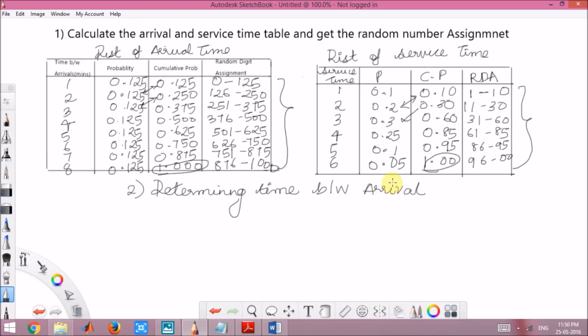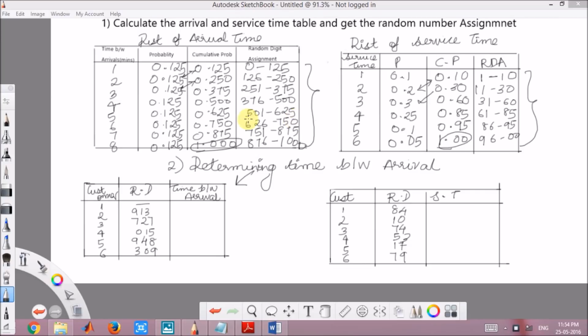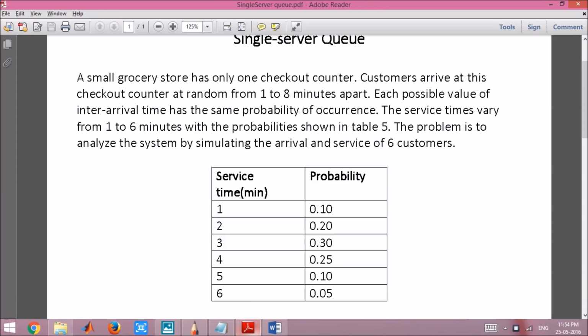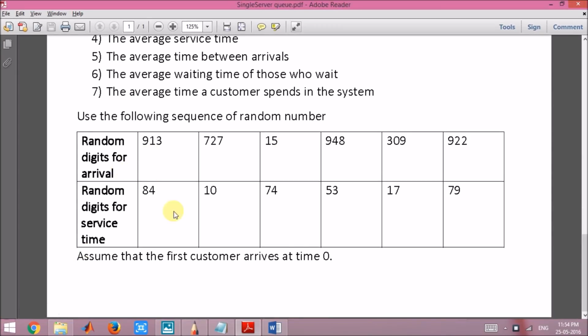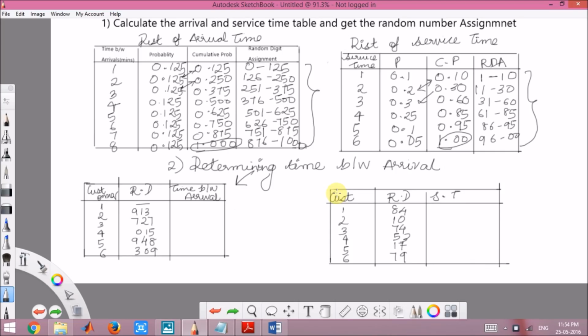So let's look at that. Okay, so our first 2 steps are done. We've calculated the arrival and the service time table. Now the second thing is getting the random digits that have been given to us in these tables, basically these random numbers, and converting these into actual meaning of the data. So for that, like I said, let's determine the time between arrival.